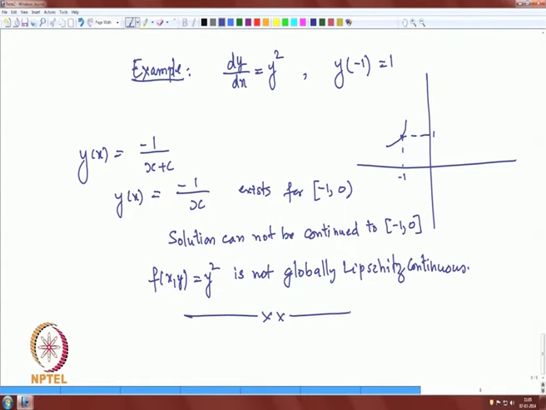We stop the discussion of continuation of a solution at this point, and now we come back to system of equations, the initial value problem, which is not scalar but a vector differential equation.